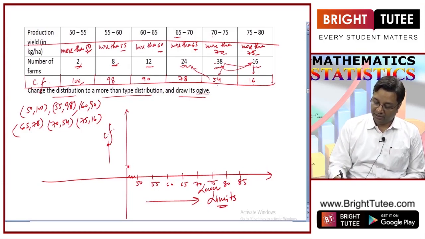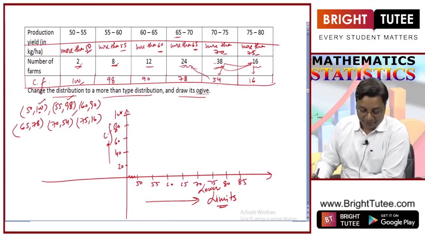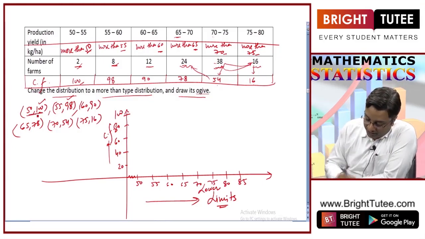right, and here on the y axis we need the cumulative frequencies, and we need to go up to 100. So let's start with 20 here, 20, 40, 60, 80 and 100, right. So the first is 50, 100.